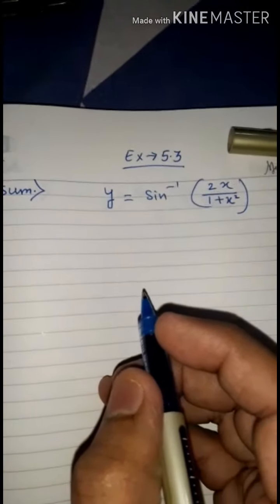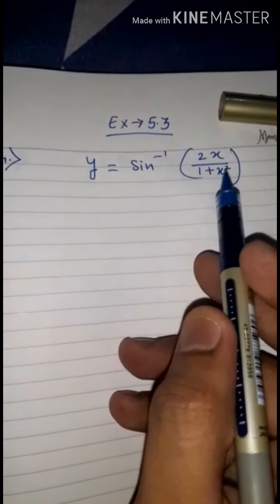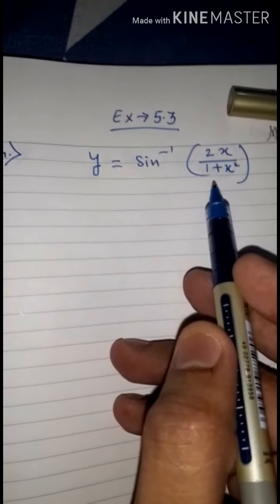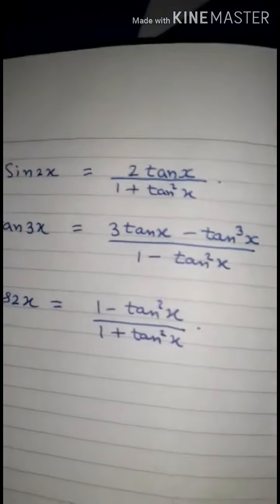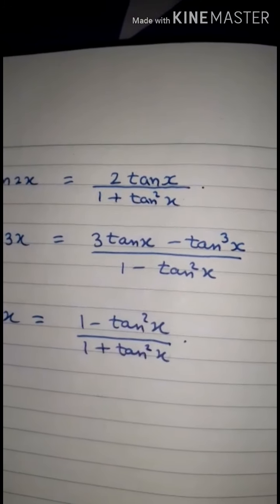Now the ninth question in exercise 5.3, y is equal to sin inverse 2x upon 1 plus x square. As we have already done, sin 2x is equal to 2 tan x upon 1 plus tan square x.